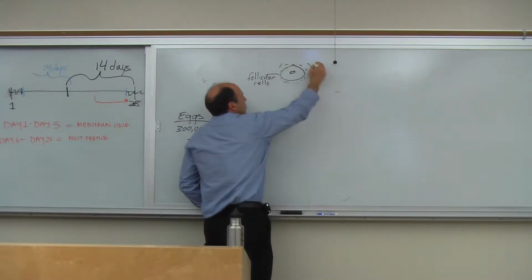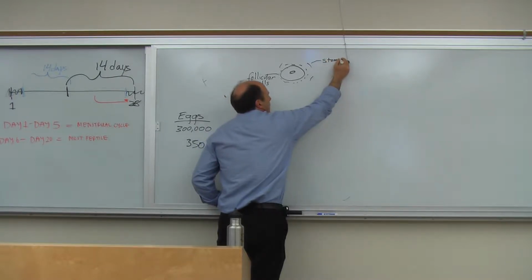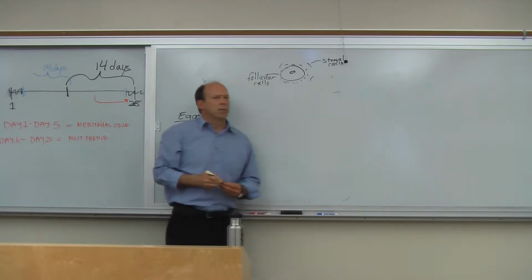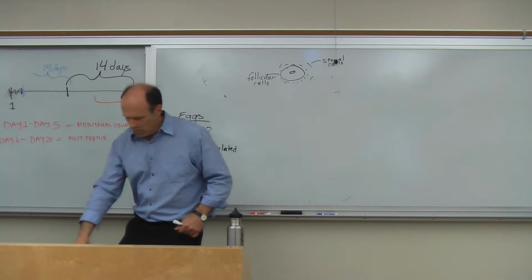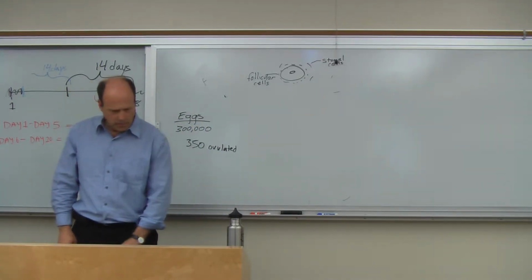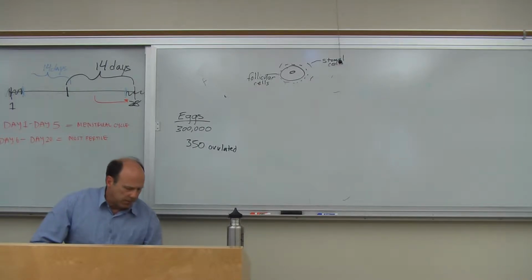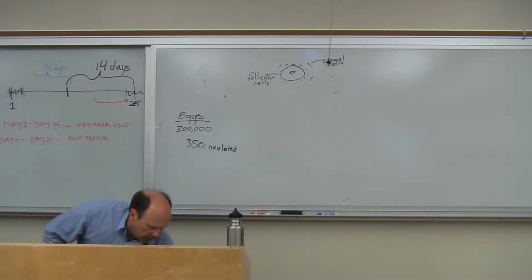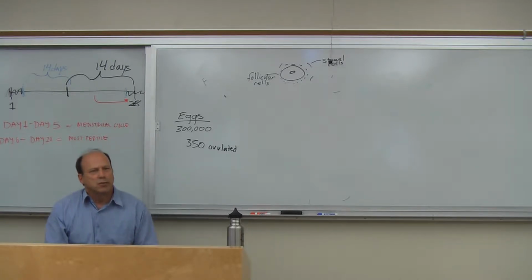So what are stromal cells? Guys, you've heard about stromal cells before. Yeah, they're a support cell. Remember we said that we had this connective tissue. We could also call that stroma.